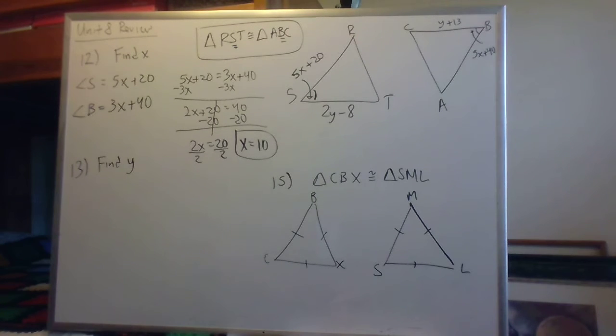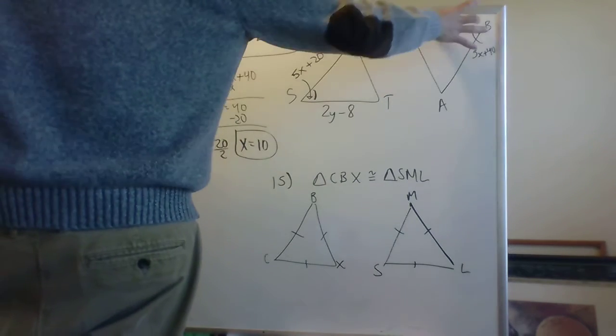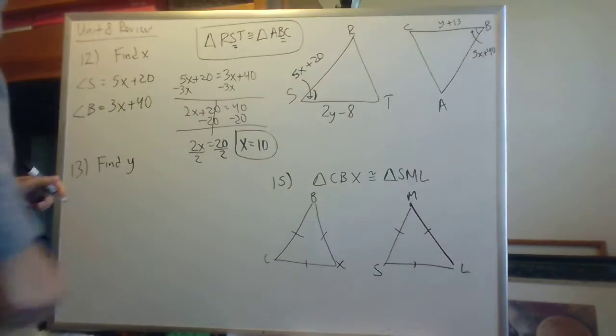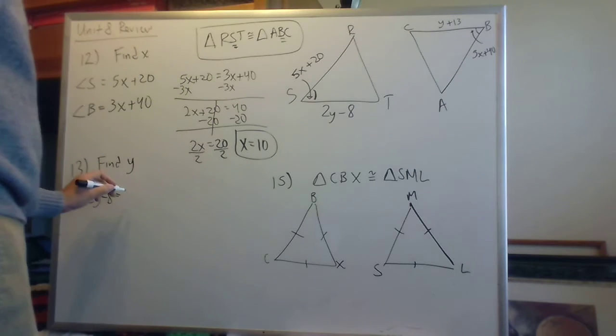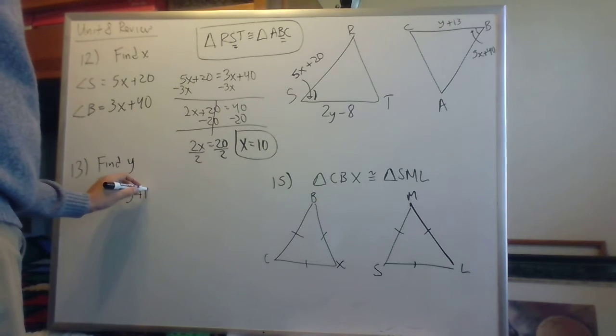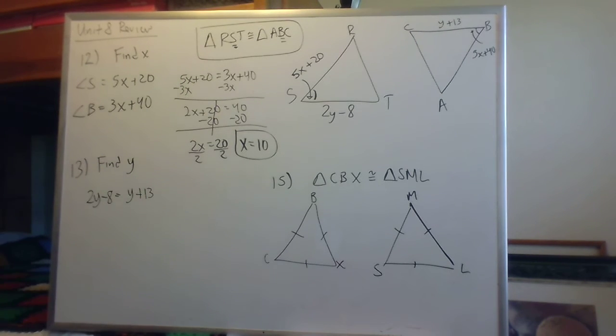And now we're going to solve for y. Essentially, it's the same situation. We know that side ST corresponds to side BC. So we're just going to set 2y minus 8 equal to y plus 13, and we're going to solve for y. So we have two expressions that are set equal to each other.